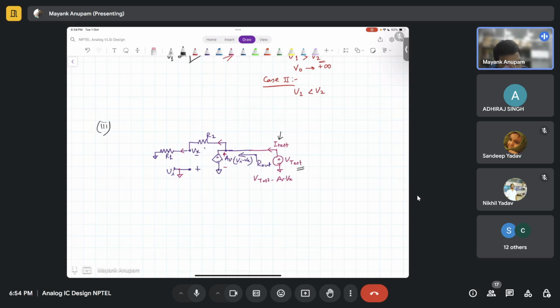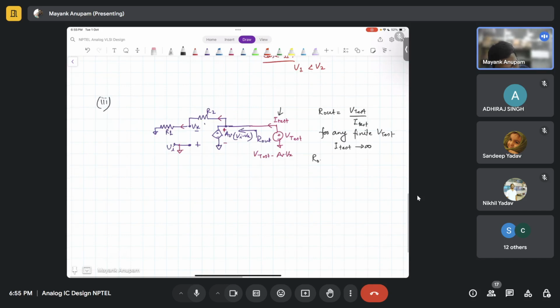So for any finite V test, I test is infinity, right?